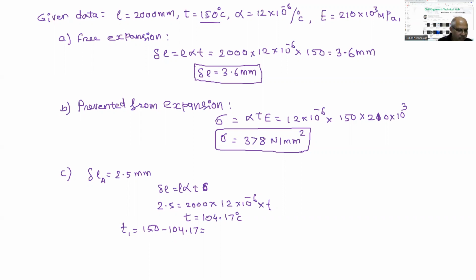And so we have this value 45.83. For this 45.83 degrees centigrade, stress will develop, and therefore we can write the formula sigma equal to alpha T E. Now we have 12 into 10 raised to minus 6, T we have 45.83 and E we have 210 into 10 raised to 3.